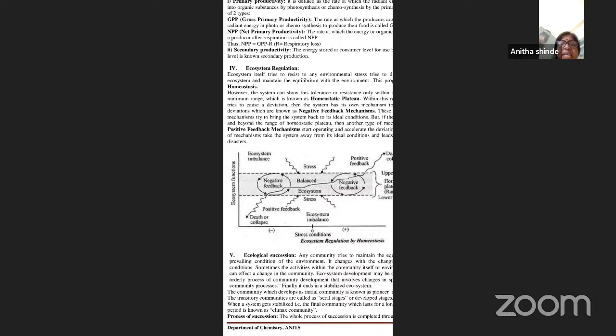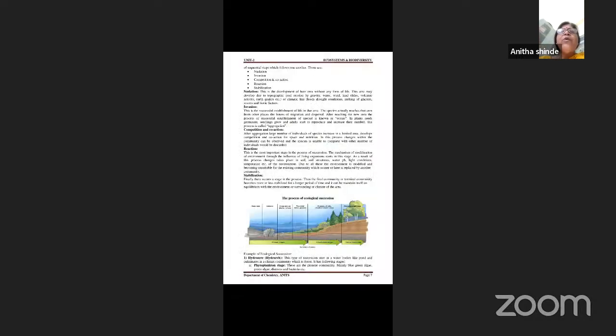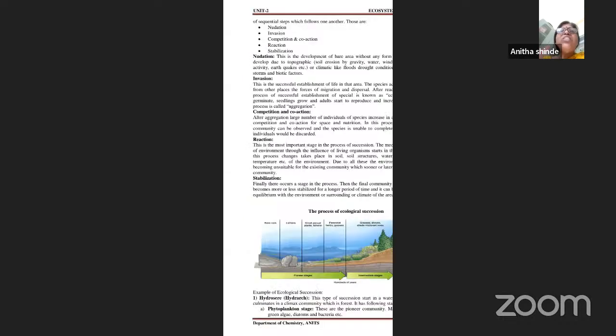The whole process of succession is completed through a number of sequential steps. They are nudation, invasion, competition and coaction, reaction and stabilization. So you have different steps for an ecological succession or for a community to develop.